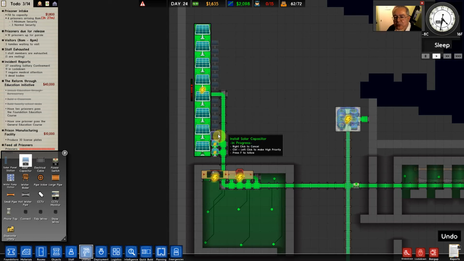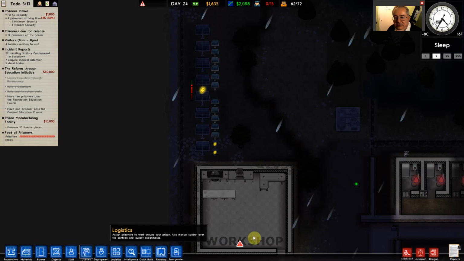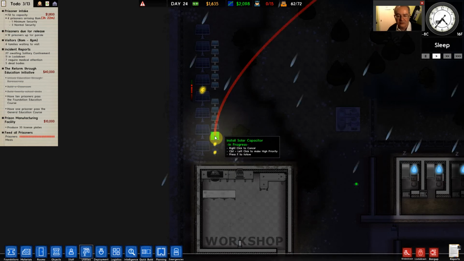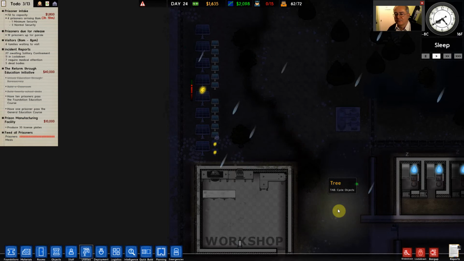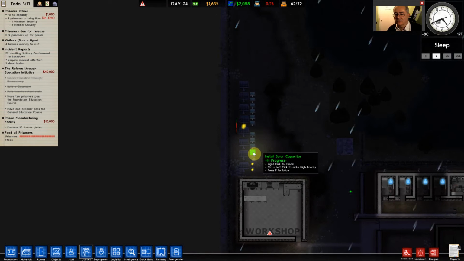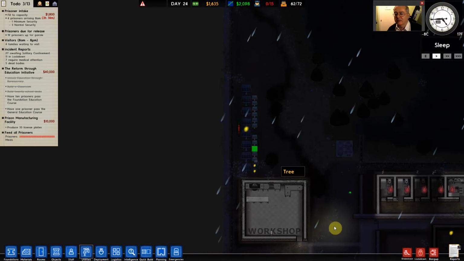If I load one more on, then I can switch on the switches. So let's, you know, control left click, high priority. There's somebody coming anyway, I'm sure. No. Yes. Yeah, okay, people are coming. Right.